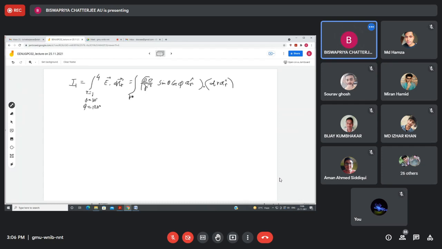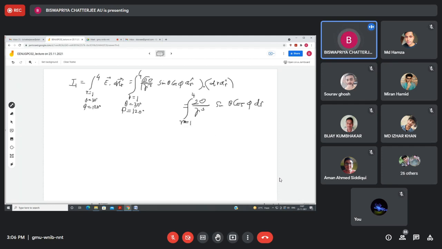So the result will be 20 by r cube sin theta cos phi dr, since a r dot a r is 1.